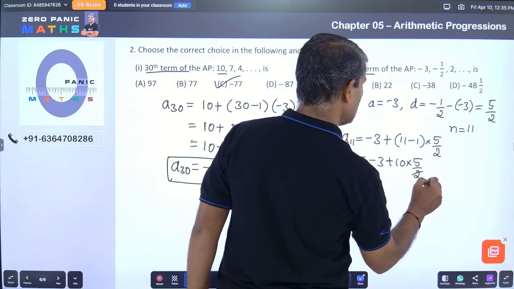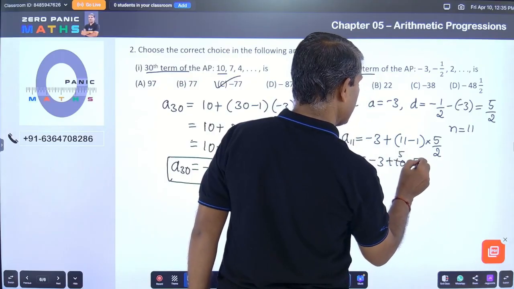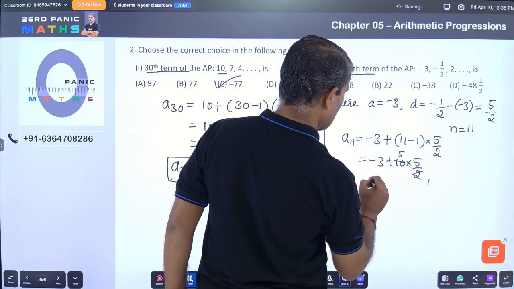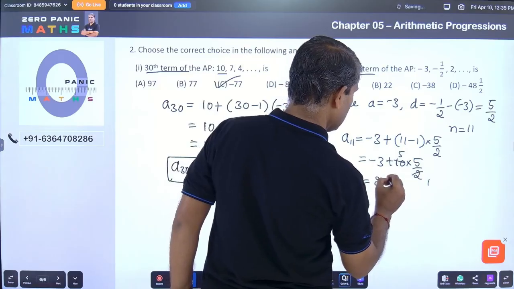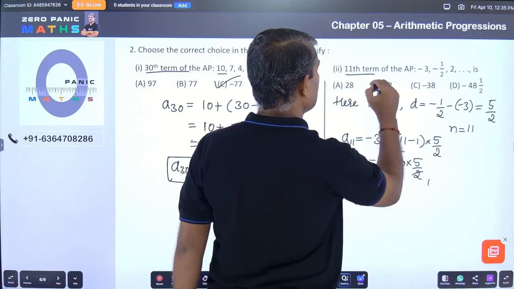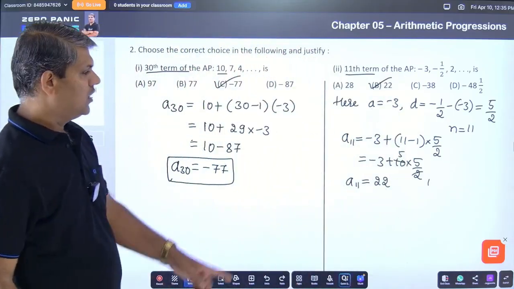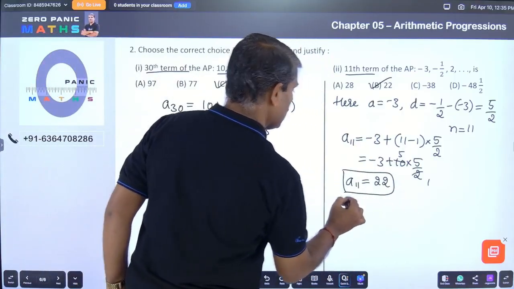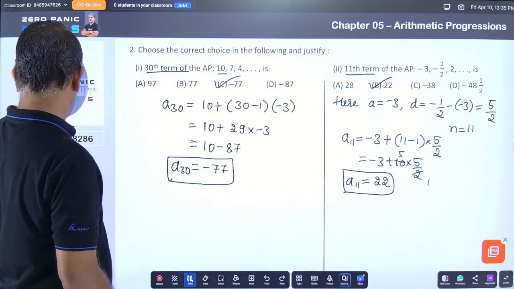That is 5 fives are 25, minus 3, which is 22. a11 is 22. Is 22 there in the options? It is option B, 22. That is the solution for both the problems in problem 2.